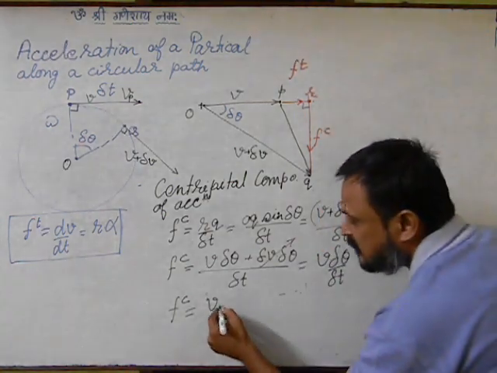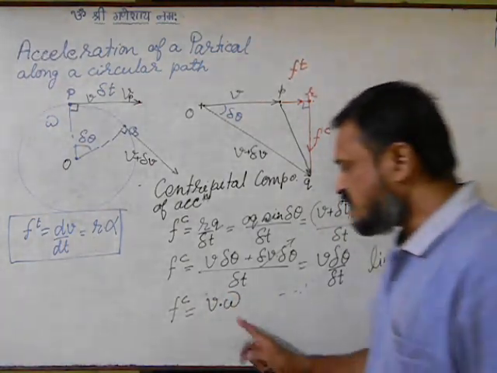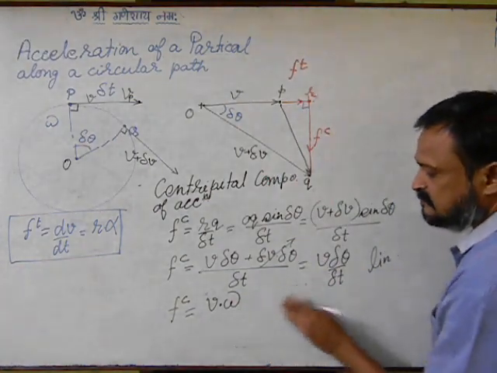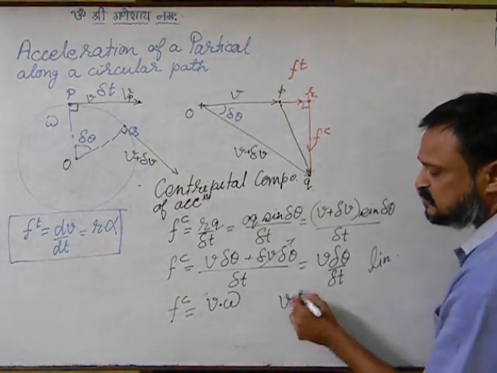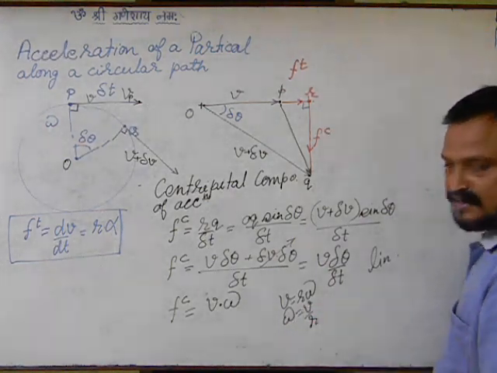D theta by dt is angular velocity omega, right? And what is angular velocity? We have again the relation V is equal to R omega. So omega is equal to V by R, right?